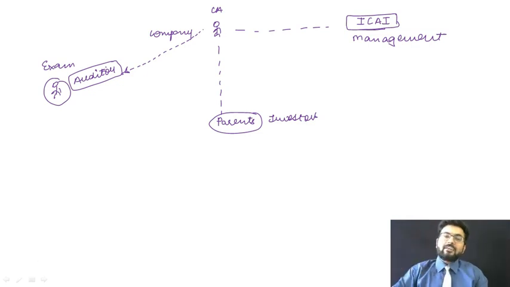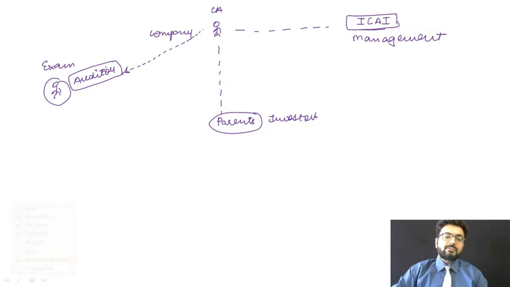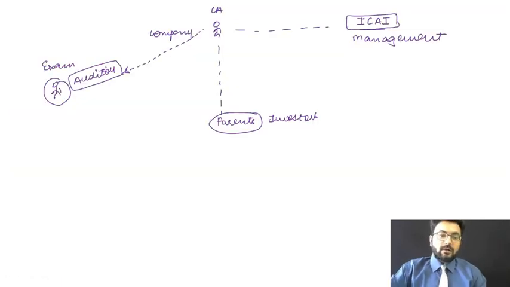So in that kind of scenario, when it comes to a particular company, the auditor is required to be an independent person. Now moving on to next, we were talking about the independence of auditor.